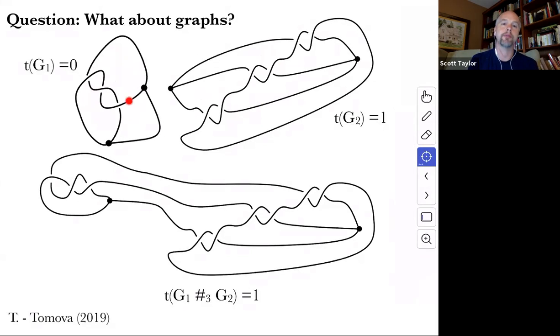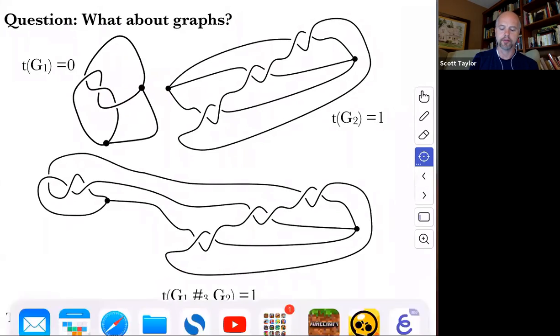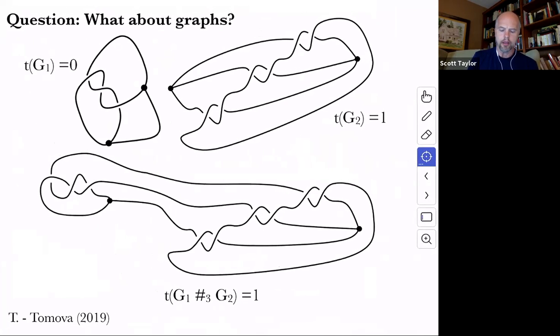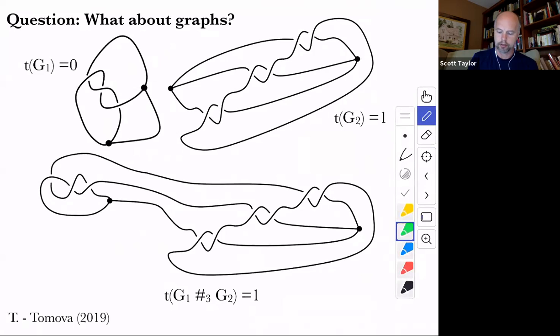This is actually an example of a 2-bridge theta graph, and they have a special role to play in what follows. So if I sum them together, I get an object of tunnel number 1 again. And I believe that this arc right there is a tunnel.